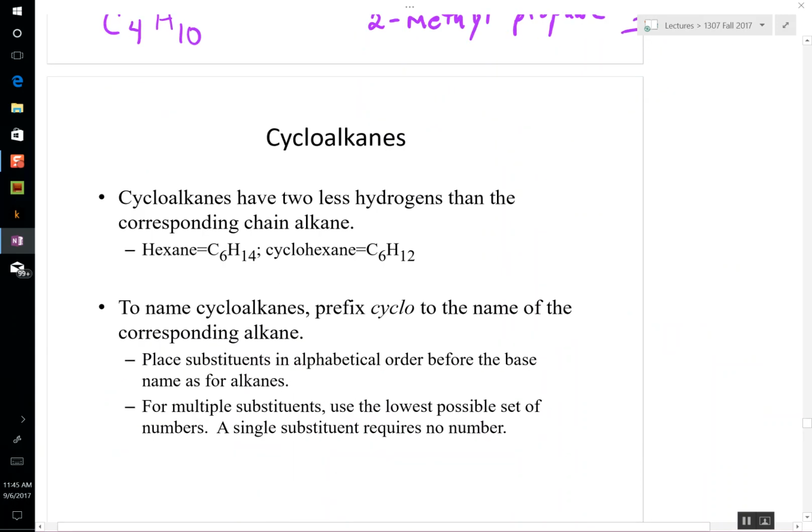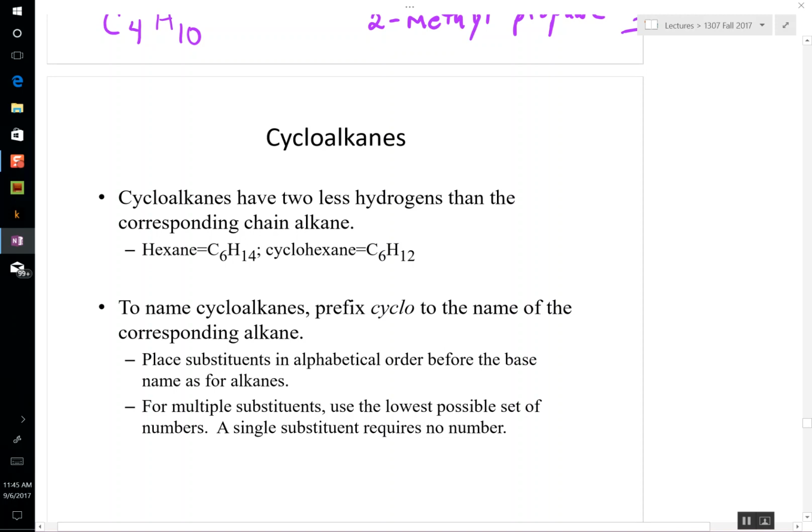Cycloalkanes are alkanes where, if you see this is 6 carbons long, it can get twisted around to where the two end carbons are real close to each other, and they can cyclize. So how would they cyclize?